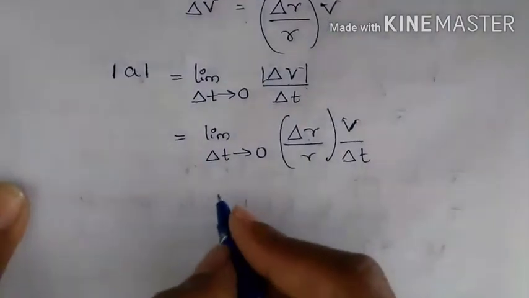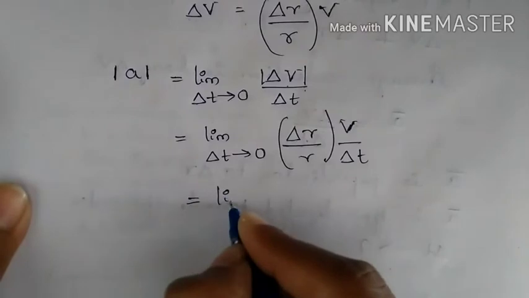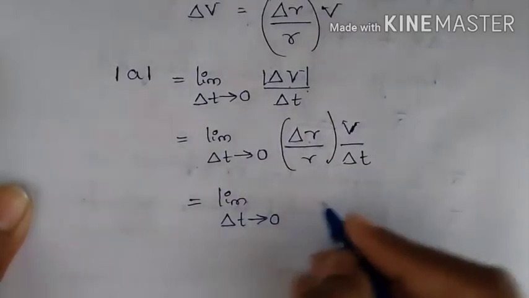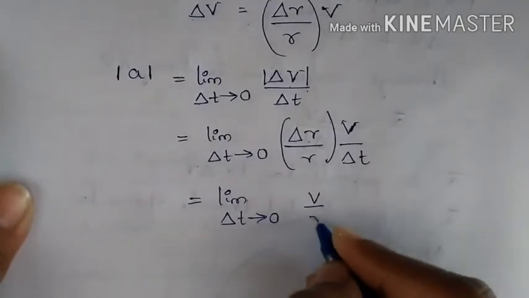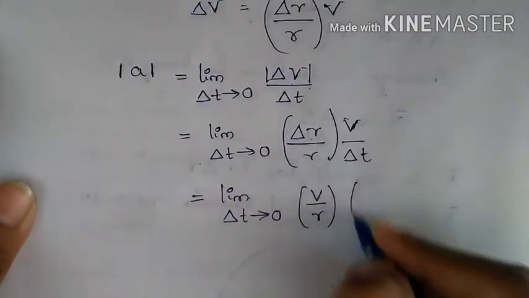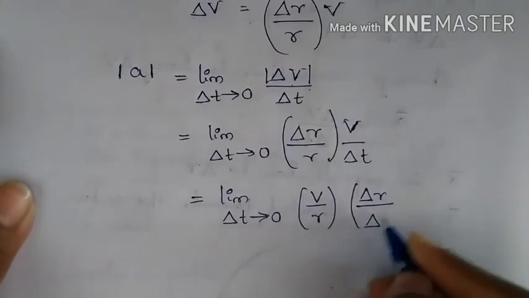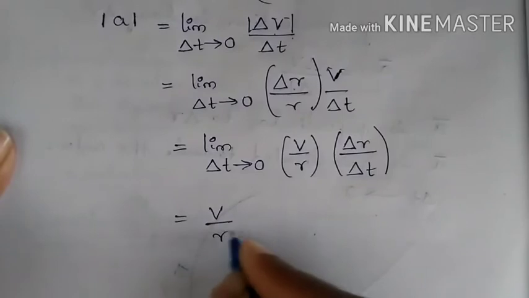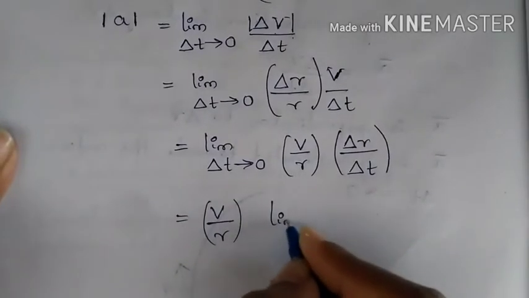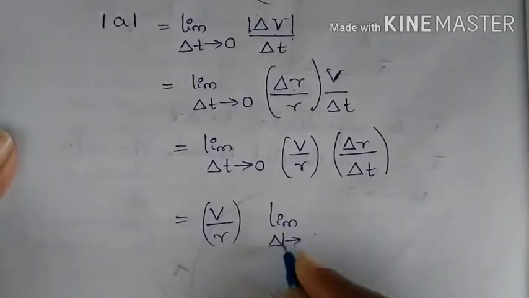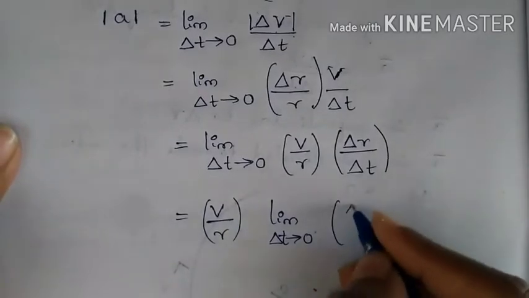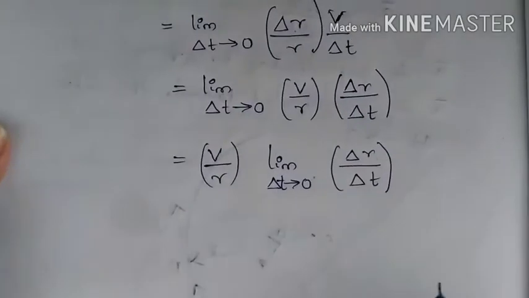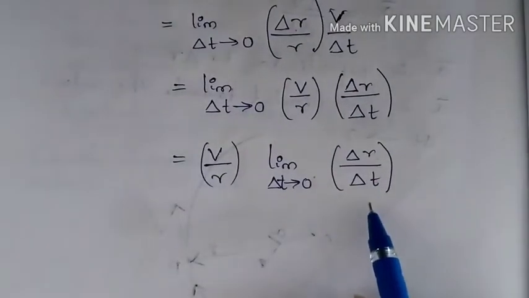So now let us write this equation in a different format. So you can write V by R and delta R by delta t, or you can also write this equation as V by R limit delta t tends to 0 delta R divided by delta t. So we know what is delta R by delta t.